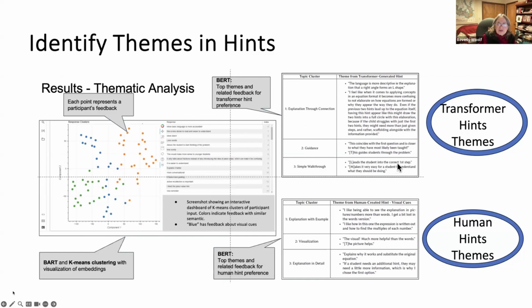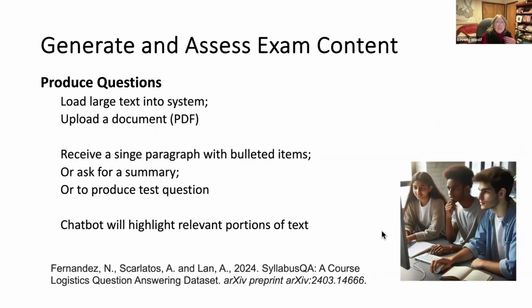So it leads the student to the correct step. And the human hints were liked for half the time, but were too narrow for the teachers. They wanted it a lot deeper and longer.